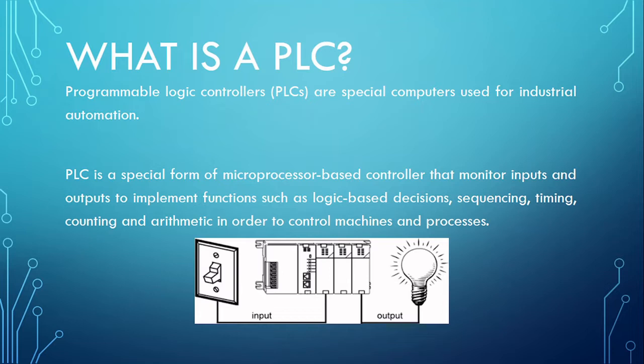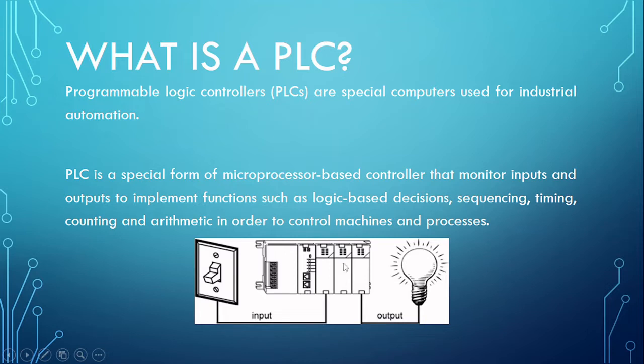So the diagram here shows the concept of the PLC, where you have an input device, in this case a switch, and the output device, in this case a light bulb, and here is the PLC itself. Now, the input device is connected to the PLC and the output device is connected to the PLC. We see that the input and the output are not connected directly, but they are both connected individually to the PLC.